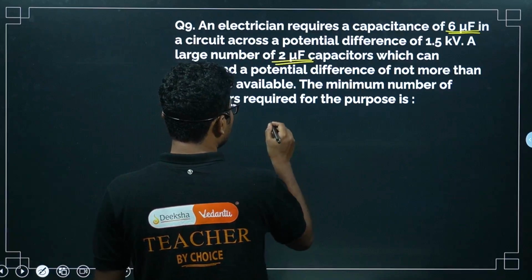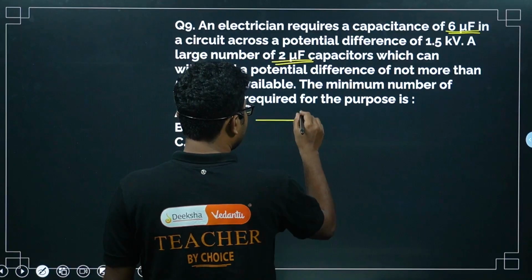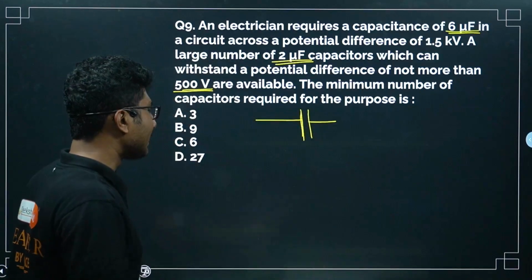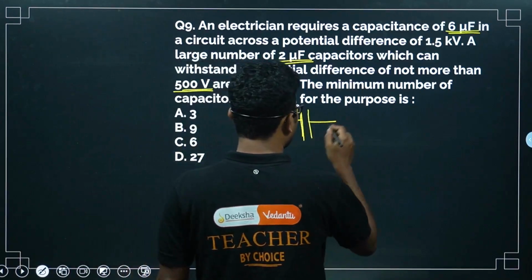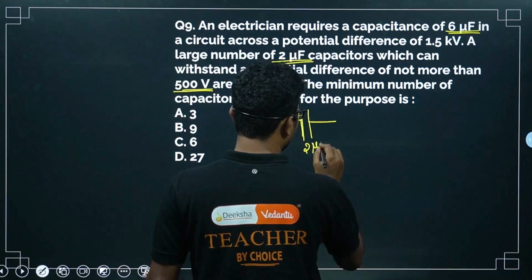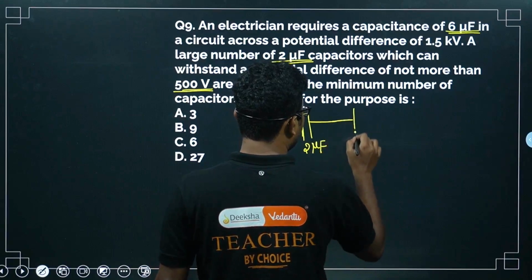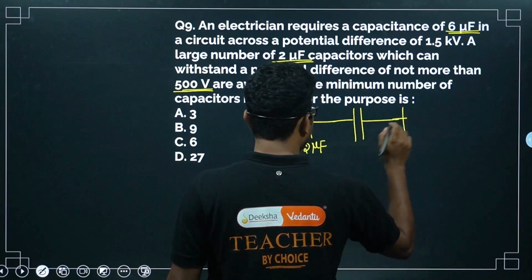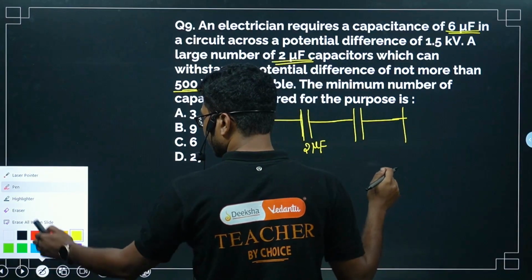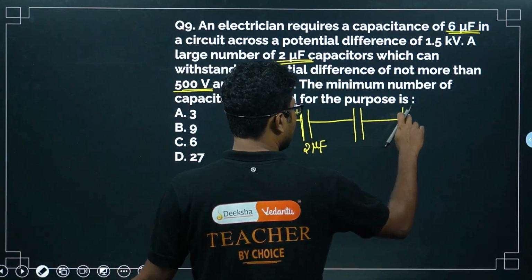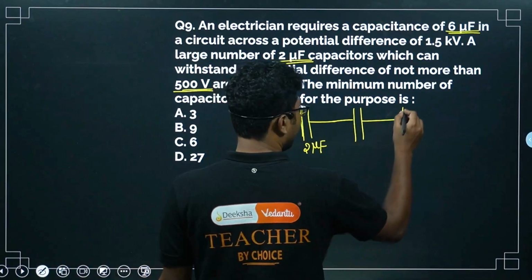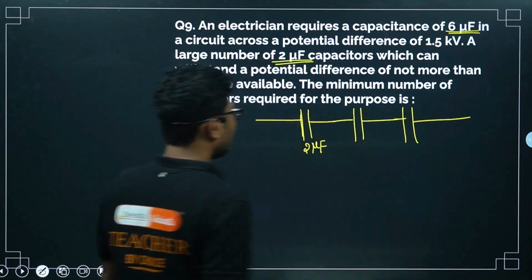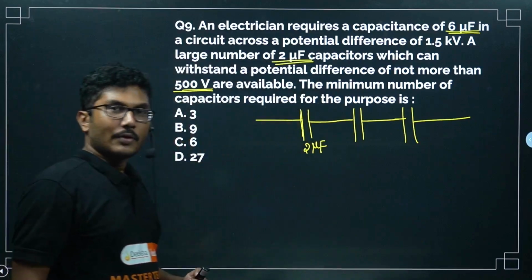We know that in a series combination, the potential divides across the capacitors. Each of the capacitors is 2 microfarad, so it will be divided equally. How can we do that? If we add 3 capacitors in series, it can withstand the 1500 volt.